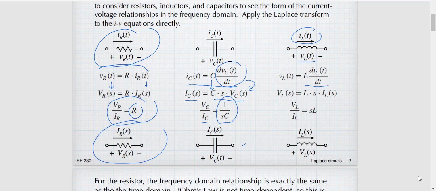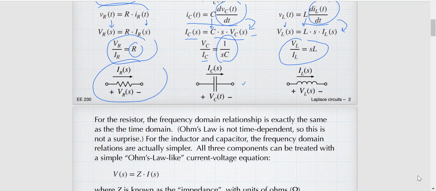If we transform from the time domain to the S domain, L is the constant and this is the differential, so we get S IL, similar to the capacitor as S Vc(S). If we want to calculate the inductor impedance, VL per IL is SL. So this is the notation.